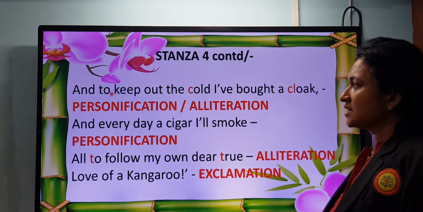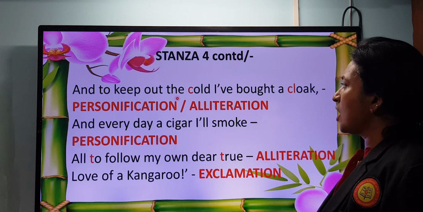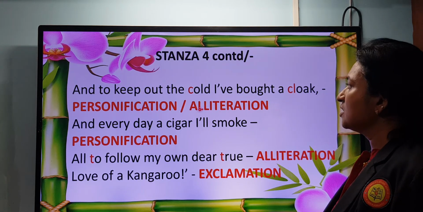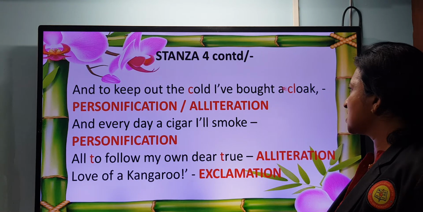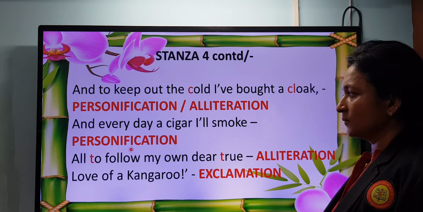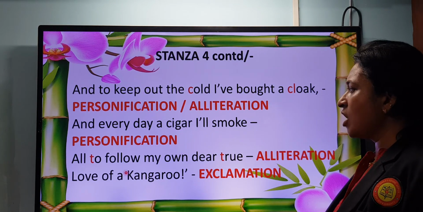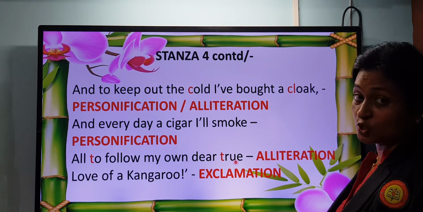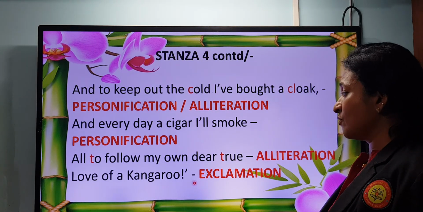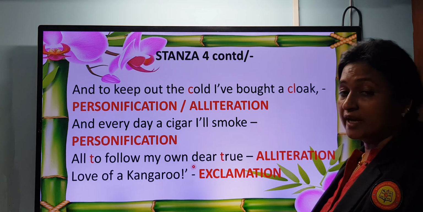Continuation of fourth stanza: and to keep me from the cold, I have bought a cloak. That is personification, and alliteration too, because C is being repeated. And every day a cigar I'll smoke, personification. All to follow my own dear true, T is repeated, so alliteration. Love of a kangaroo, exclamation.